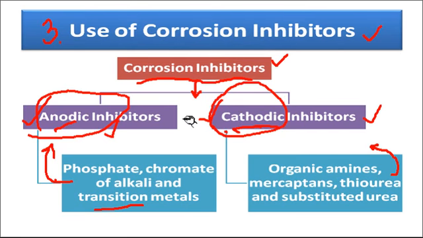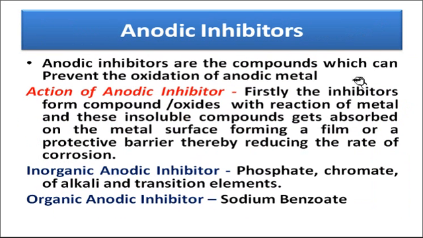Now, let us discuss each of the inhibitors one by one. Anodic inhibitors. The anodic inhibitors are the compounds which can prevent the oxidation of the anodic metal. We know that at the anodic part, oxidation of metal takes place.